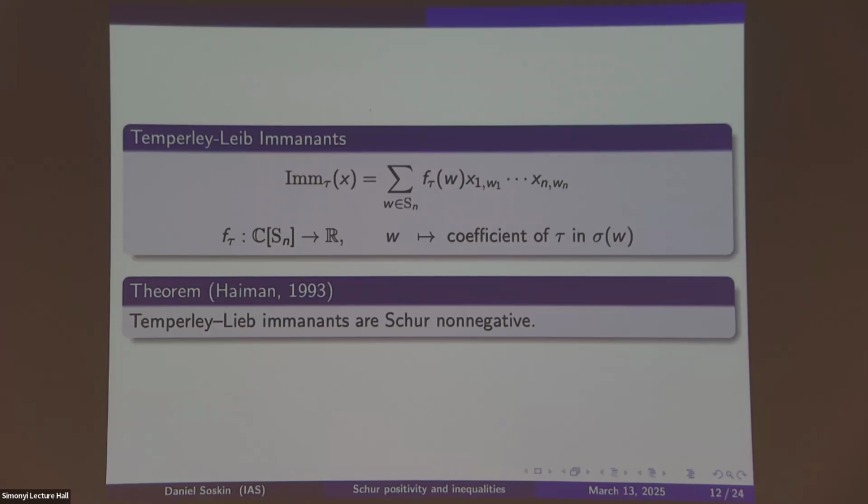Then we have minus T2, minus T1, and plus identity. And we can ask, what is the value of the function f at tau given by such a diagram at permutation S1, S2? We look at this polynomial, here the coefficient is 1. So the value is 1.